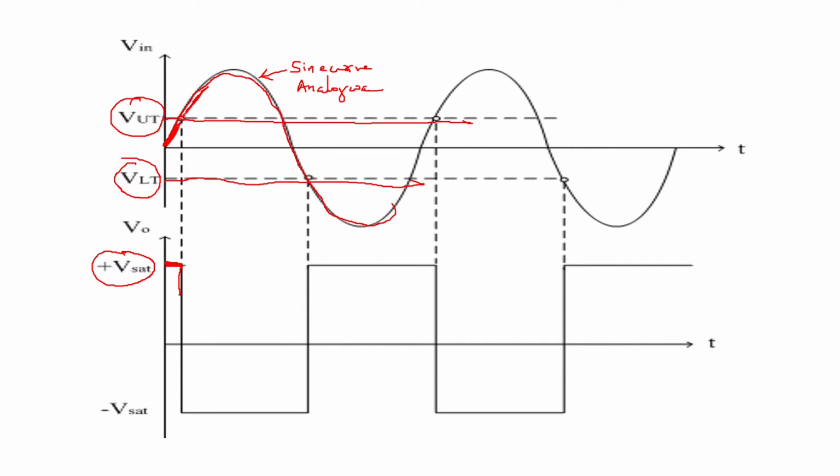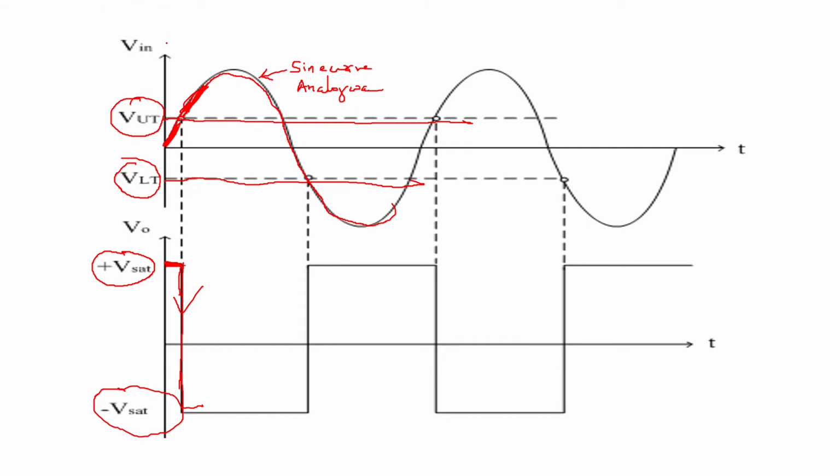When the input goes above the upper threshold voltage, the output changes its state from plus Vsat to minus Vsat.